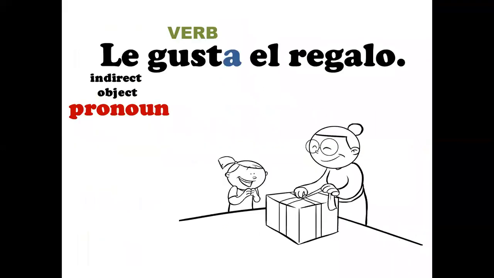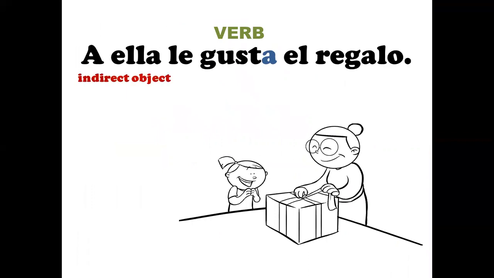So le gusta el regalo. Right? El regalo is the subject. If you wanted to make it clear that a specific person is being pleased by this gift, that a specific person likes this gift, at the beginning, before the indirect object pronoun, the indirect object pronoun is going to be there no matter what.